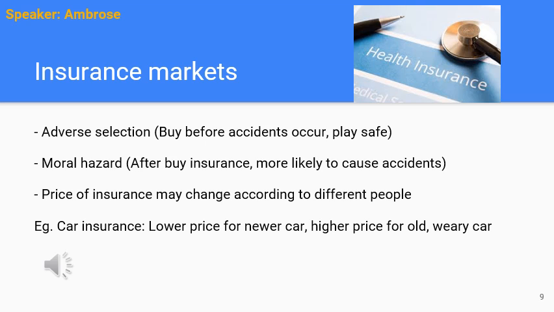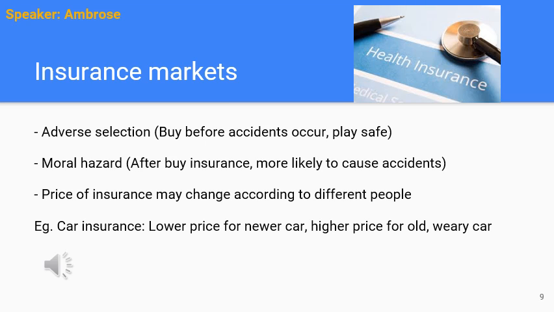The second problem is moral hazard. For this problem, people have already bought insurance before the accident occurs. In their mind, they know that because they have bought the insurance, whenever they get sick they don't need to worry about it, because the insurance will cover everything, and therefore they are more likely to cause accidents.